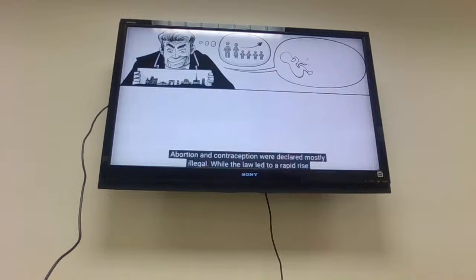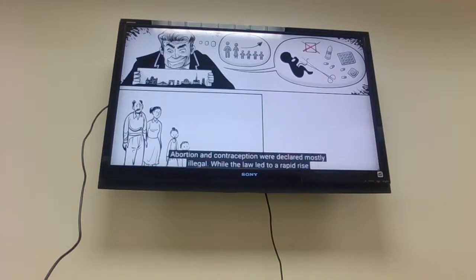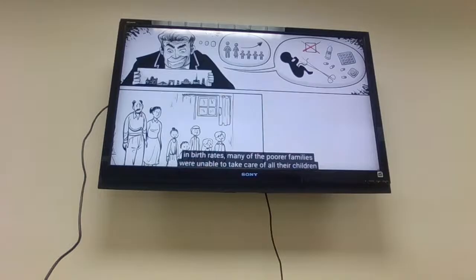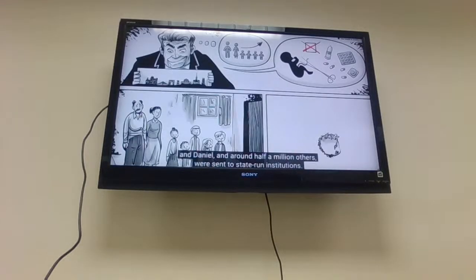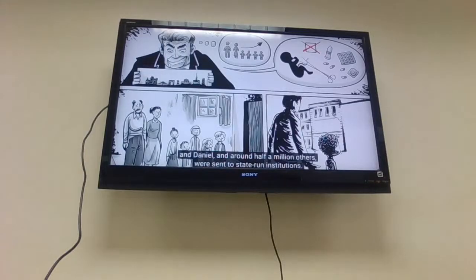Abortion and contraception were declared mostly illegal. While the law led to a rapid rise in birth rates, many of the poorer families were unable to take care of all their children, and Daniel and around 500,000 others were sent to state-run institutions.